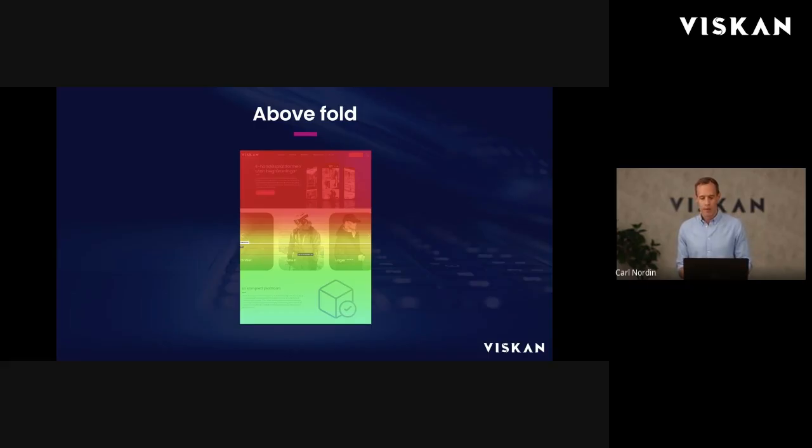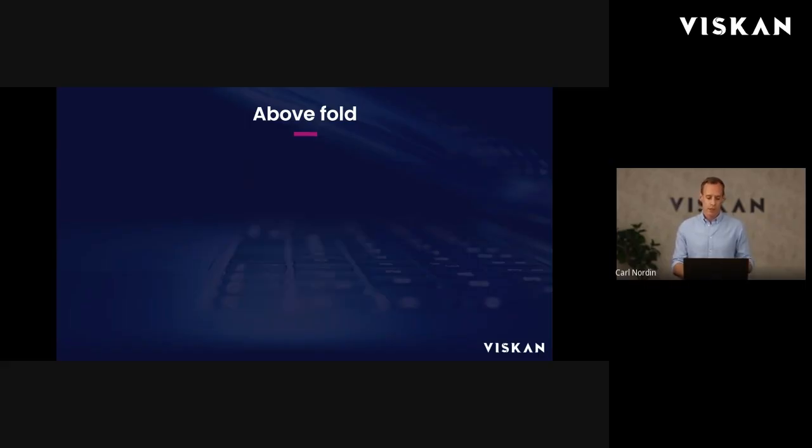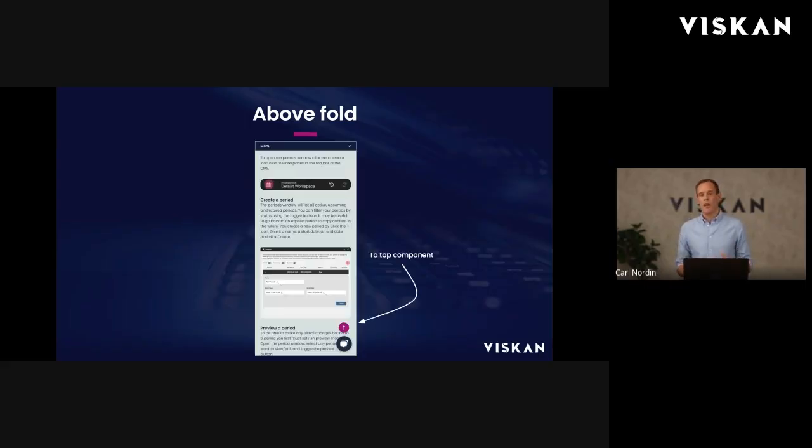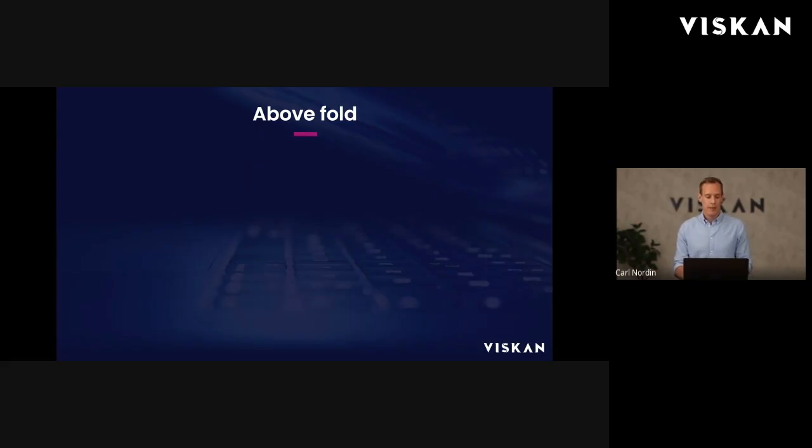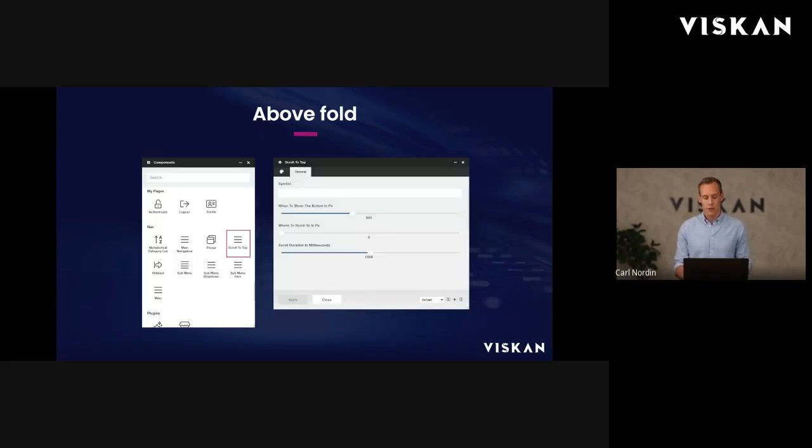So we have a little thing in the Viskan CMS that's called the to top component. If you know that you have a long start page, you can add this component to your page. So if your users do scroll, we'll give them a fast way to the top again. You place it in the header or the footer.